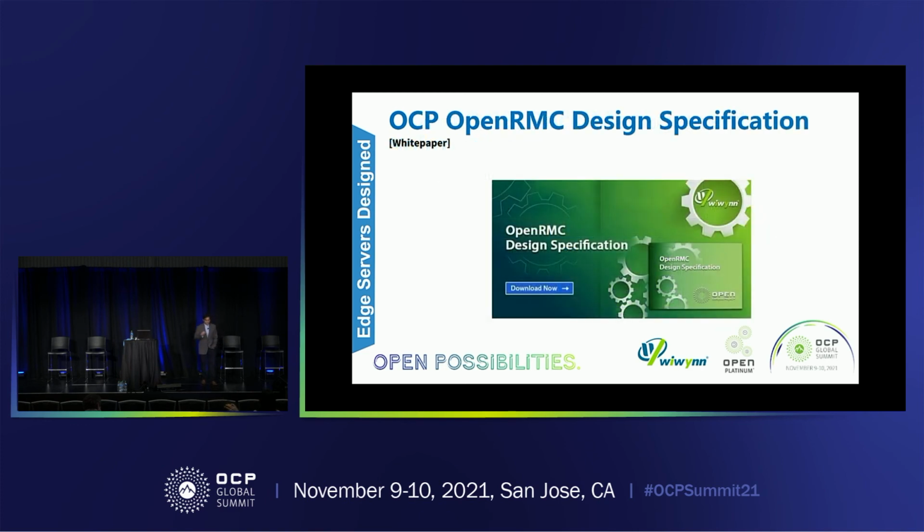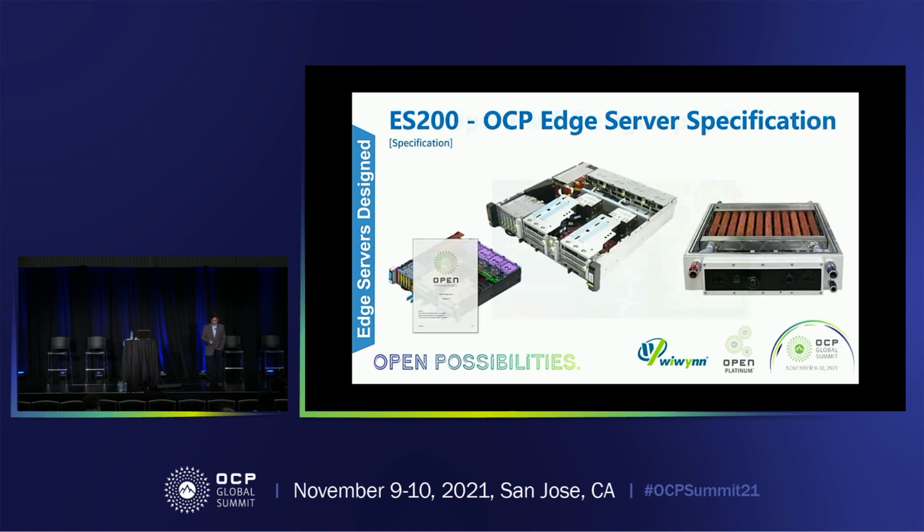This one, again, goes into the details of the rack manager specification itself, so that's available as well. And then the last one, the ES200, is a 2U server, and it is specifically for AI on the edge and also MEP on the edge. There are different applications when it comes to edge: the CU, DU, core, AI, MEP.